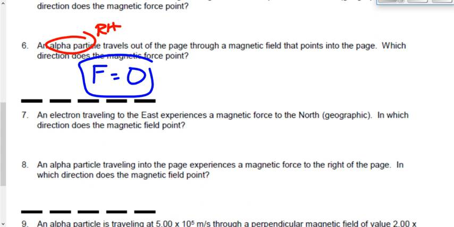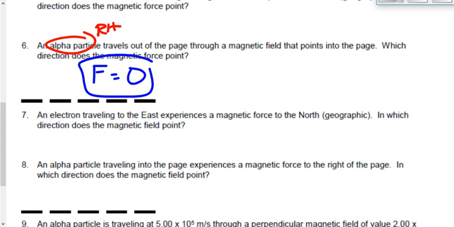Now, let's assume that you can't see out that window. Okay? And I'm going to turn around and face the same way as you guys are facing now. I don't know which way is north. I don't know which way is south. I can't see out the window. So let's assume that that is geographic north. Well, if that's geographic north, then that's going to be east, right?